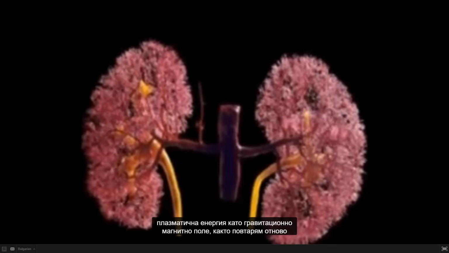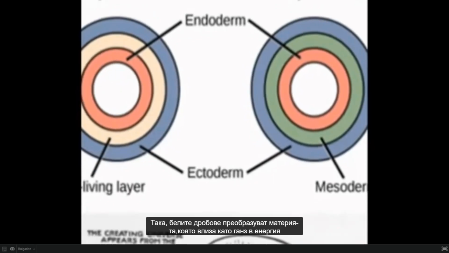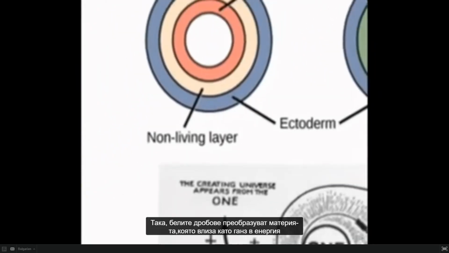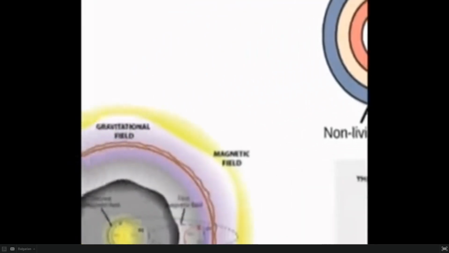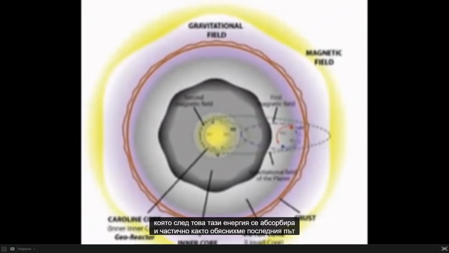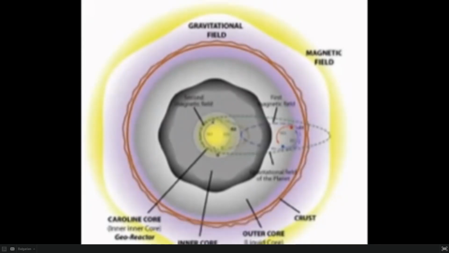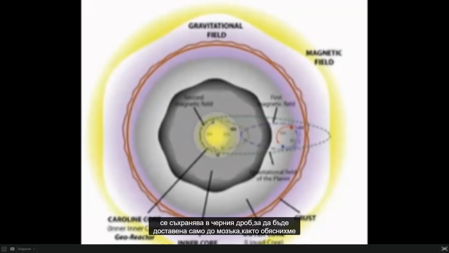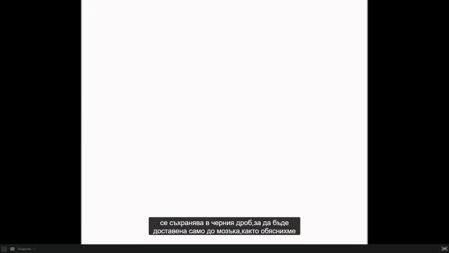As I repeat again, when we speak in the terminology of the plasma, we're speaking about gravitational and magnetic field, not just a magnetic field or energy as is the terminology used normally. So the lungs convert the matter which enters as a GANS into energy, which in turn is absorbed and partially, as we explained last time, stored in the liver, only to be delivered to the brain.